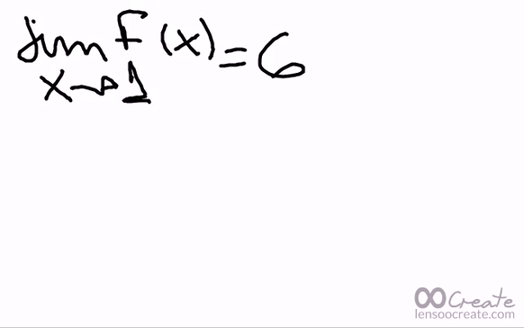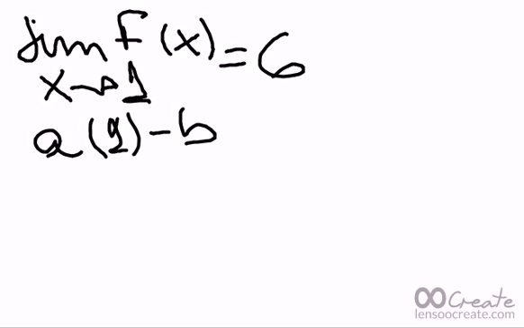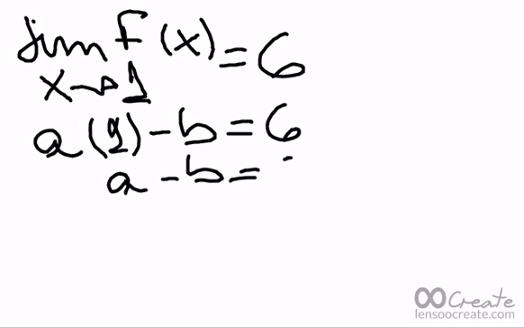So that will be a times x, which is 1, minus b equals 6. That tells me that a minus b equals 6. From here, a will equal 6 plus b.